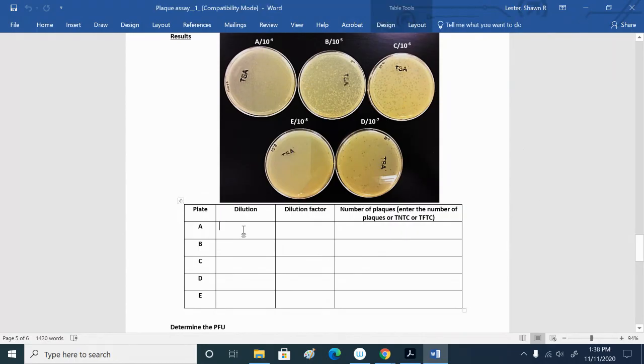So plate A is 10 to the negative 4, right? And plate B is 10 to the negative 5. If you want, you can write 1 times 10 to the whatever, but since we understand it's there, we don't necessarily have to write it because we know it's there.